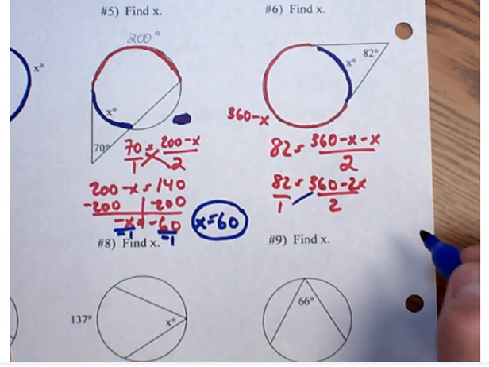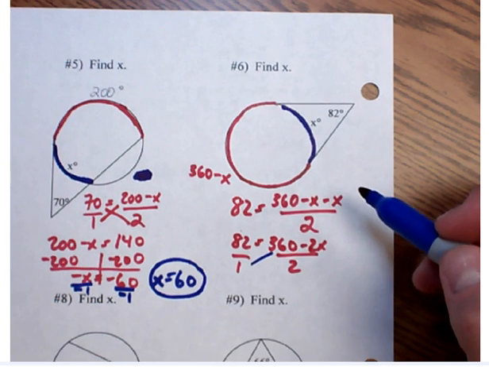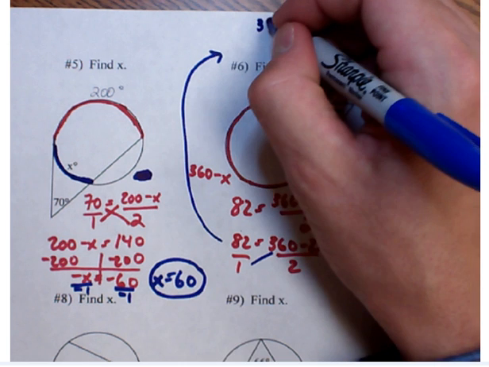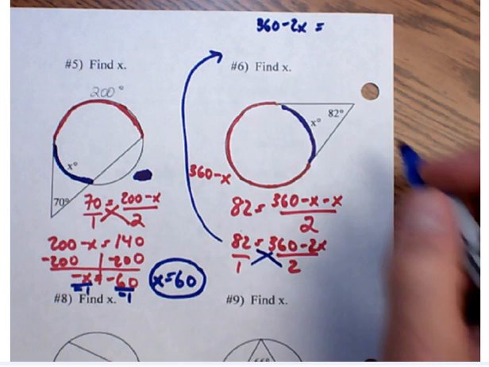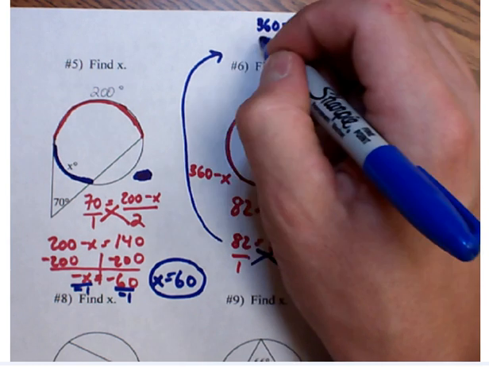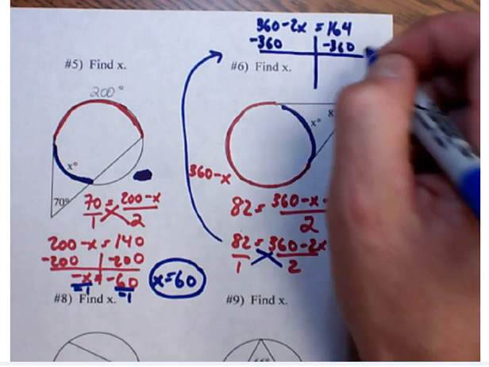Put it over 1. Let's cross multiply. 1 times 360 minus 2x. I'm running out of space, so let's come up here to the top. We get 360 minus 2x equals 2 times 82, which is 164. All right, now we got to solve. Minus 360, minus 360. Now you got to be careful here.